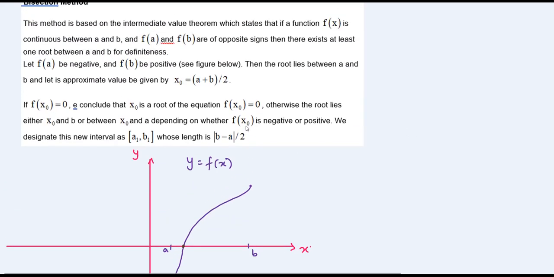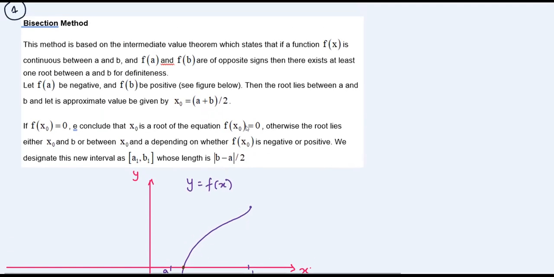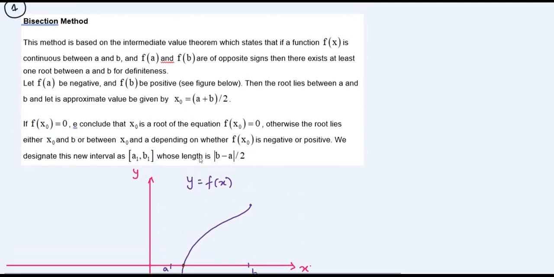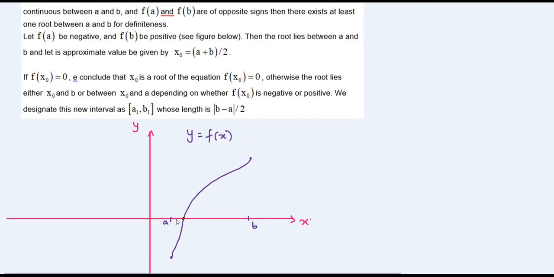So in this bisection method, we are sure that f of A and f of B are of opposite signs, so there will be a root. So how do we proceed? This is an iterative step. That means again and again we have to keep doing this.